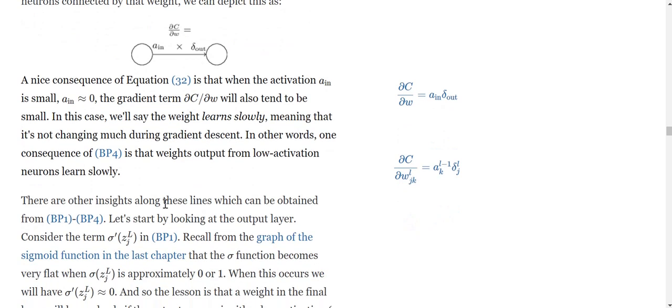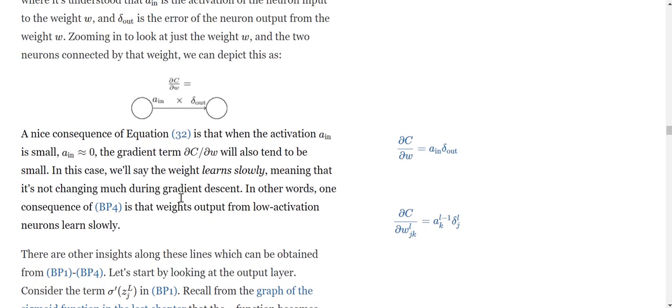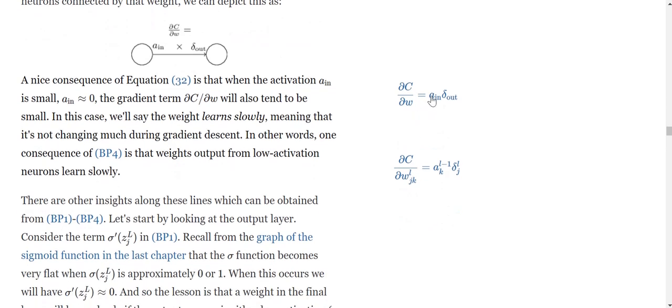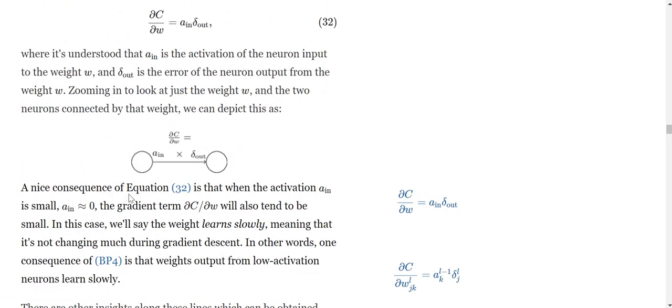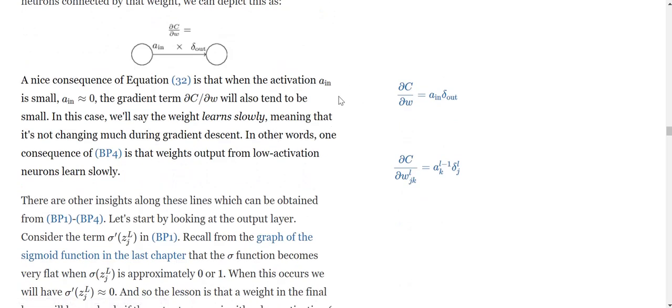Okay, so you might also feel that this is intuitive. If the neuron is slightly activated, then it is in some sense learning slowly because it is not being activated as much as its peers. And you might also now understand, because these partial derivatives are just a representation of the change, that if this value of the post activation is small, then the change is also small.